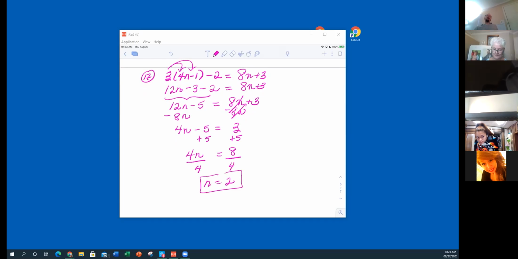So the reason you wouldn't subtract 3 instead of add 5 is because you're working it from left to right. And so my objective is always to get the variable piece on the left and all the constants on the right. That's the objective.